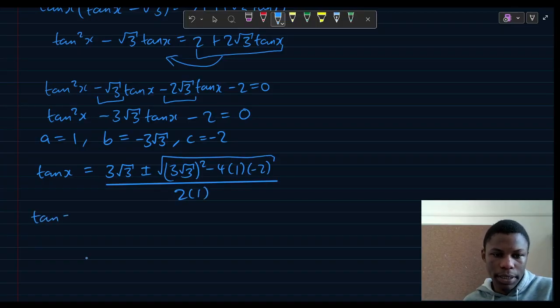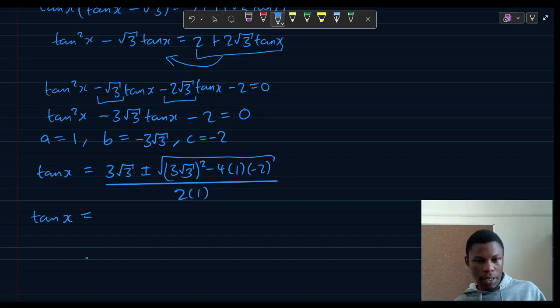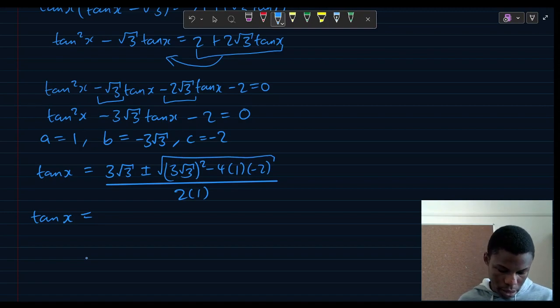Punch this into your calculator. That is 3 root 3 plus minus the square root of 3 root 3 squared, minus 4 times 1 times negative 2, over 2 times 1. And this gives us negative root 3 over 2 or plus 3 root 3 over 2.